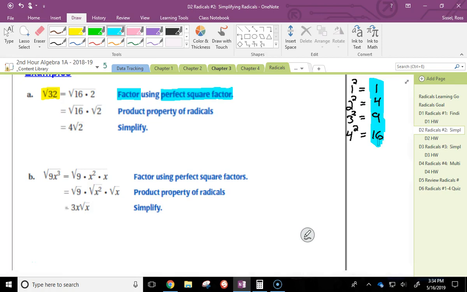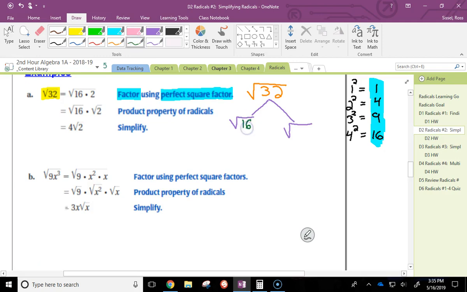So when I took the number 32, the way I like to show my work is I have the square root of 32, and I'm going to use a factor tree. I'm going to say, what are 2 factors of 32? What are 2 numbers multiplied together to give me 32? And I can use anything I want. Well, I happen to notice the largest one was 16.